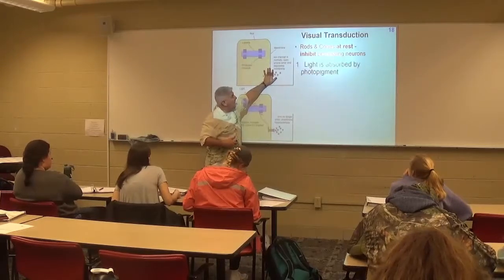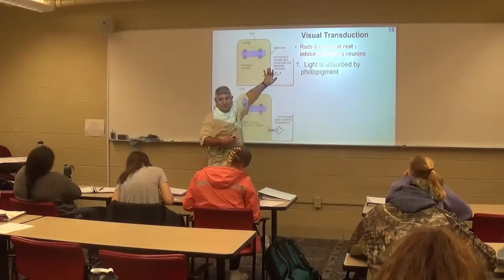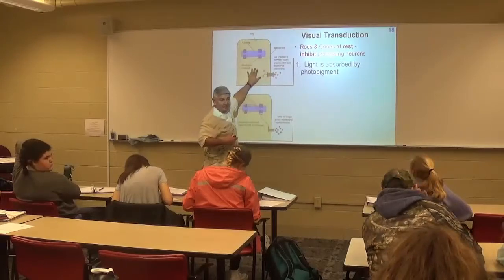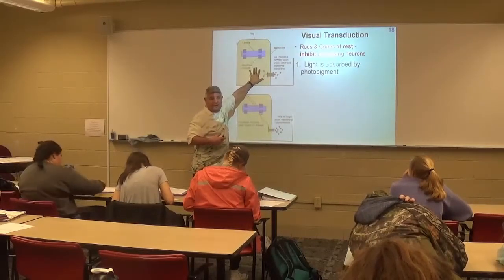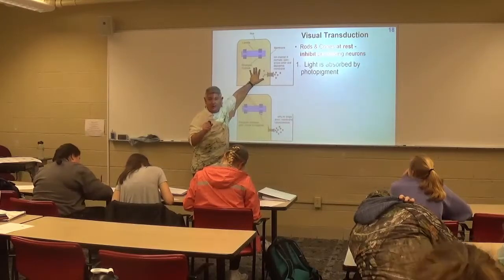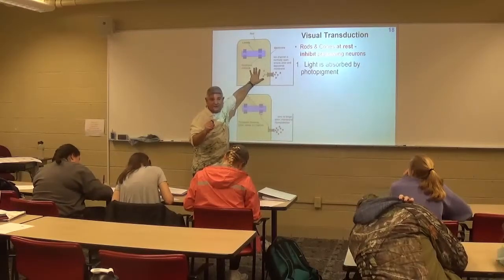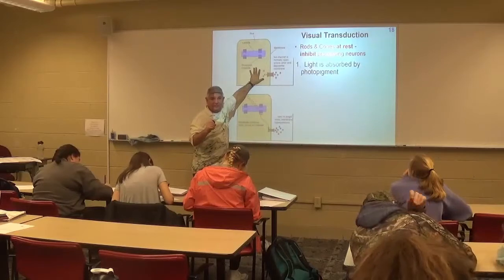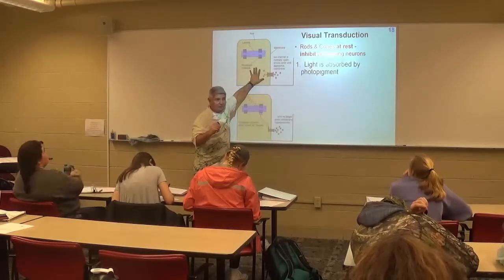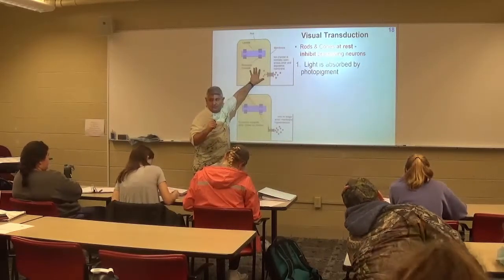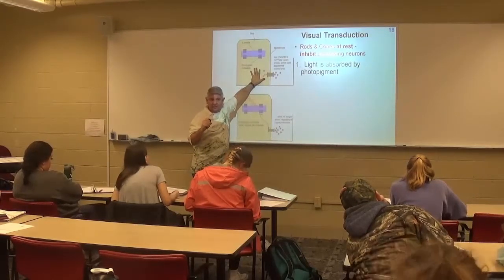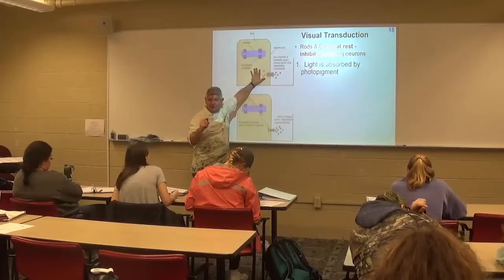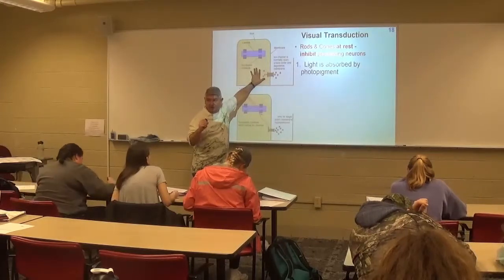And we call that dark current, because in the dark, there's current coming in, and this rod and cone, when it's not being stimulated by light, is actually releasing an inhibitory neurotransmitter, preventing action potentials from going to your brain. When it's dark. And if we don't allow action potentials to go to your brain, then we don't see anything, because we're in the dark.